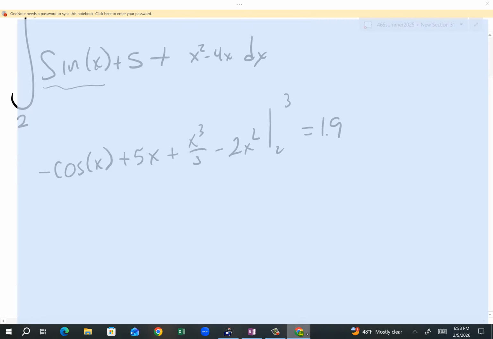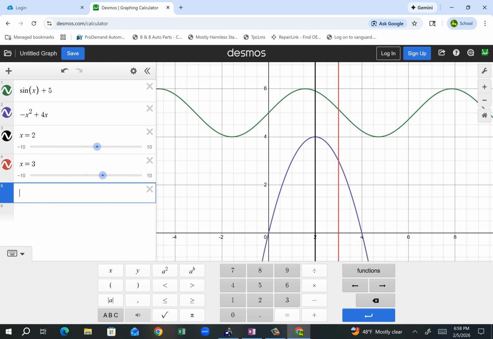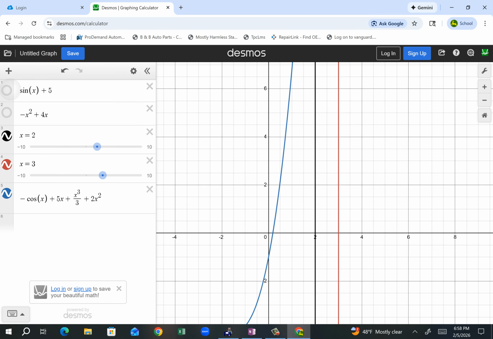In Desmos, I could have graphed negative cosine x plus 5x plus x cubed divided by 3 minus 2x squared. So there's your formula.